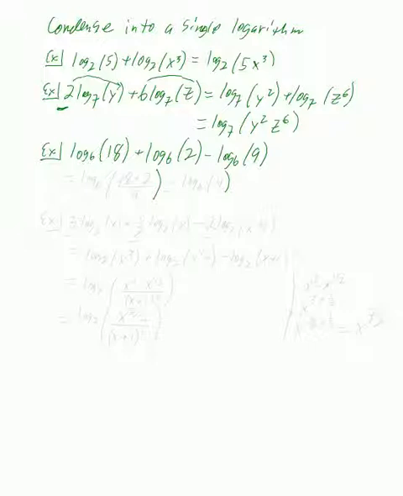I notice I don't have any exponents to bring up, so I'm just going to go straight to rule number 1 and 2. We'll start out with rule number 1, log base 6 of 18 times 2 divided by 9. I notice these are all just numbers, so we can just crunch them together. 18 times 2 is 36, and 36 divided by 9 is 4.